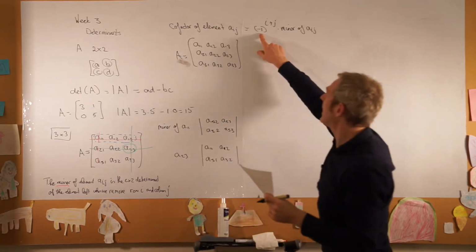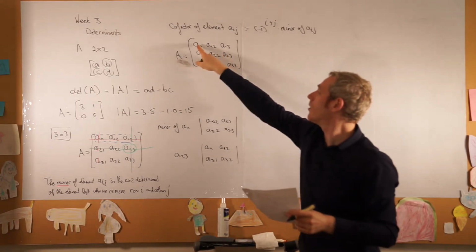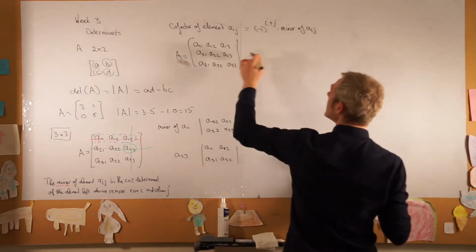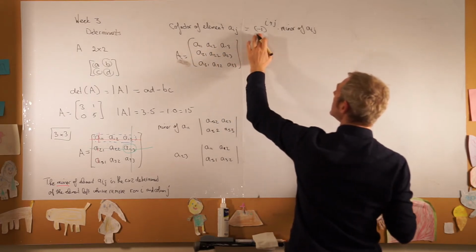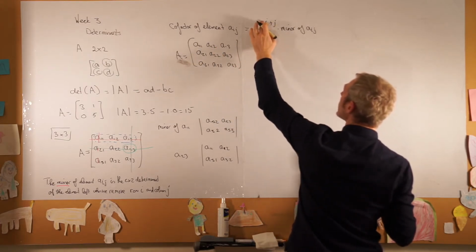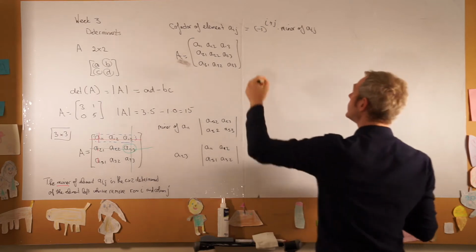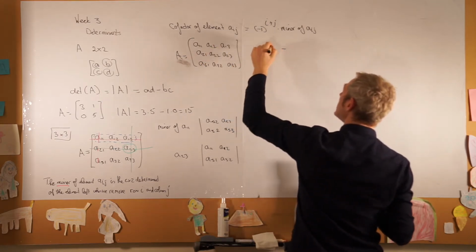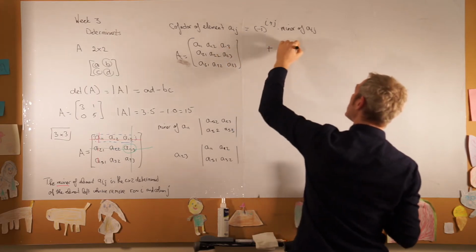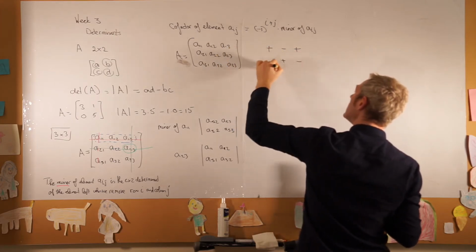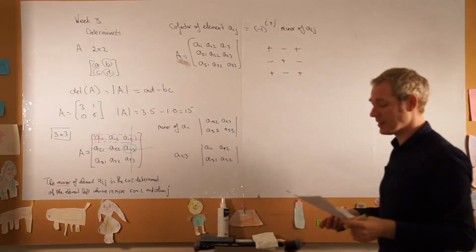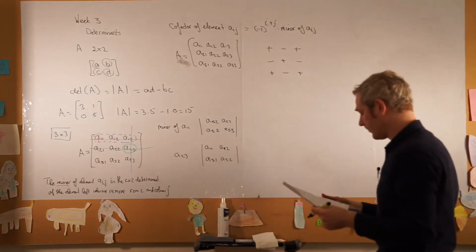Then if we look at the signs for these elements, A11 is -1 to the power of 1 plus 1, which is -1 to the power of 2. It will be a plus. Here we get -1 to the power of 3, which is -1. And here we get a plus, and we get this consistent pattern of pluses and minuses. And these we will use.